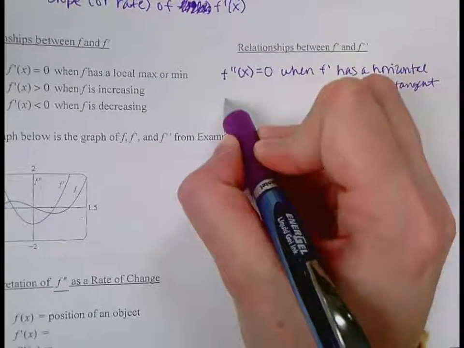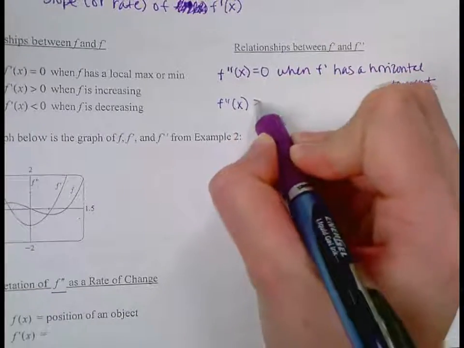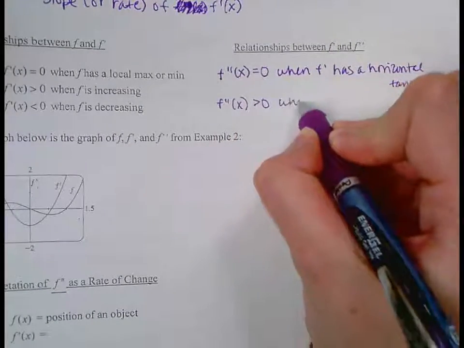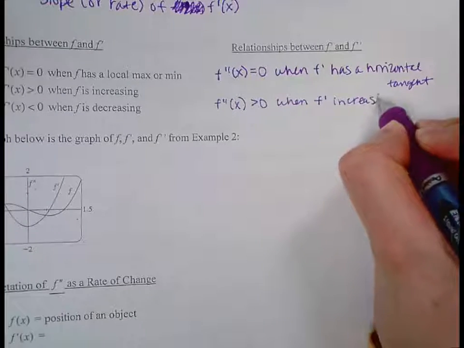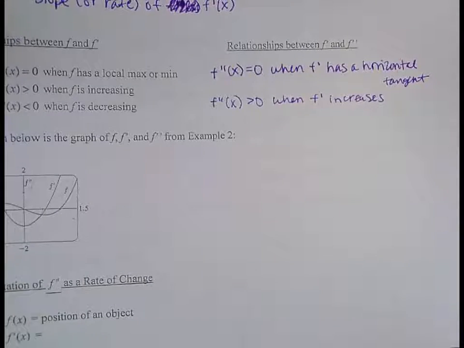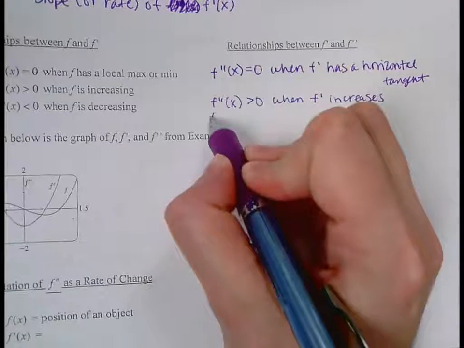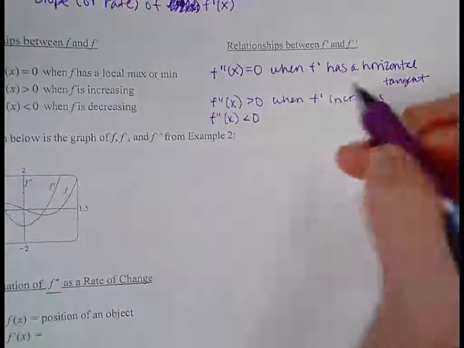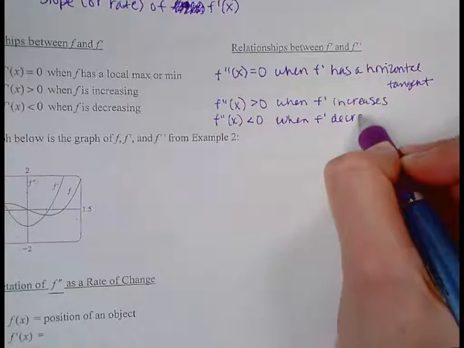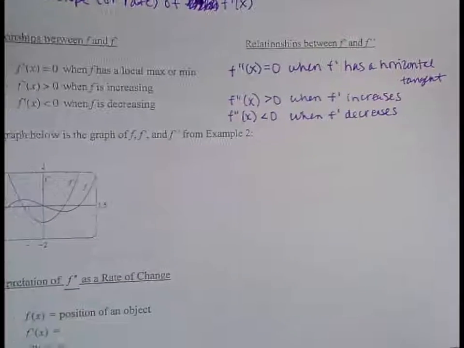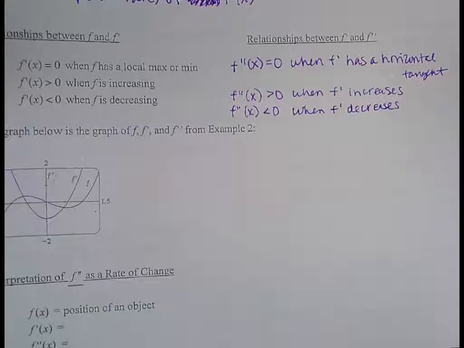And then f double prime will be positive when f prime is increasing. And f double prime will be negative, or less than 0, when f prime decreases. So it's those same relationships between f and f prime that we've talked about, but now they're between f prime and f double prime, because f double prime is still the derivative of f prime.